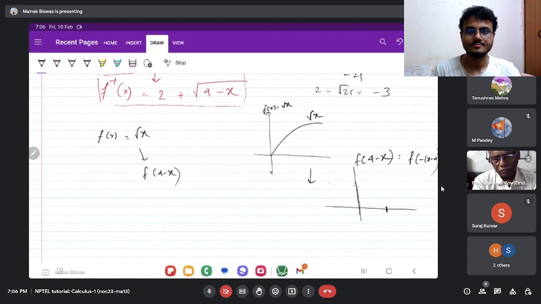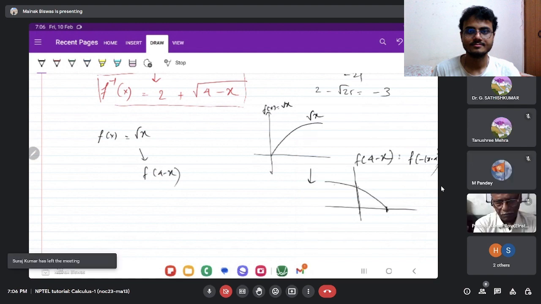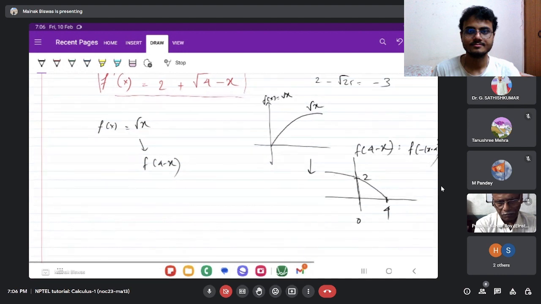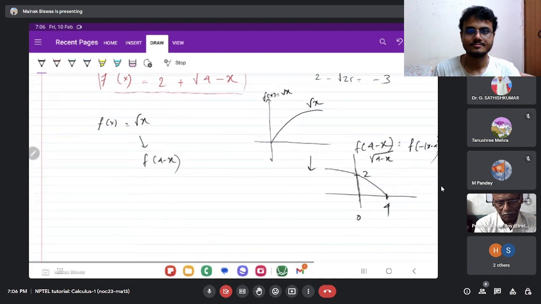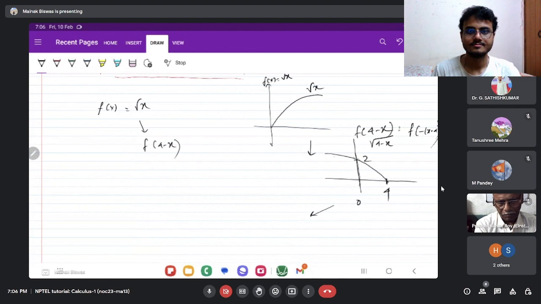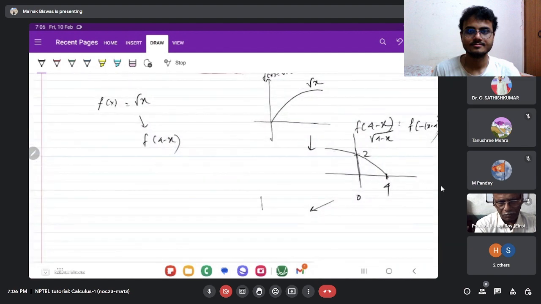Right? At 4 it is 0. At 0 it is 2. And at minus, you'll have higher values. So this is root over 4 minus x. Next, you shift this upwards by 2 because it's 2 plus root of 4 minus x.